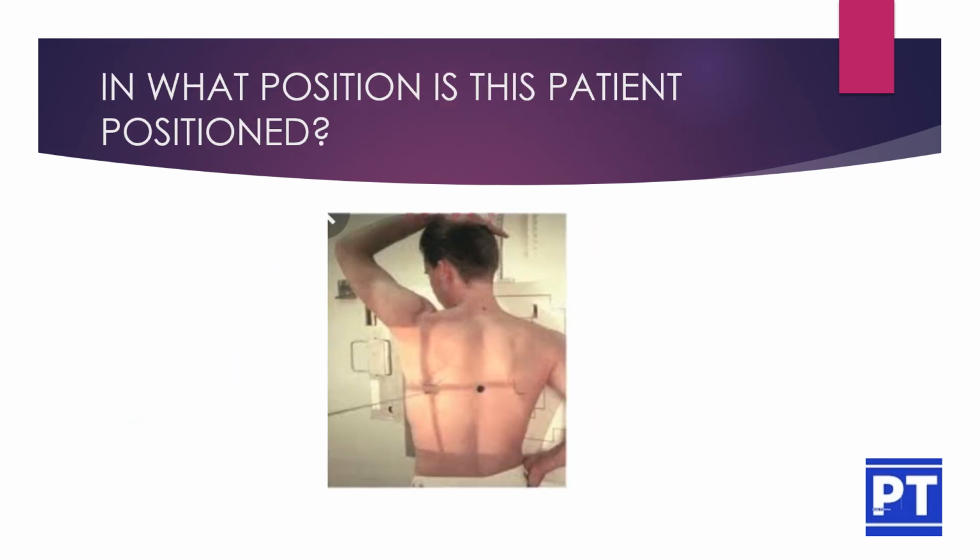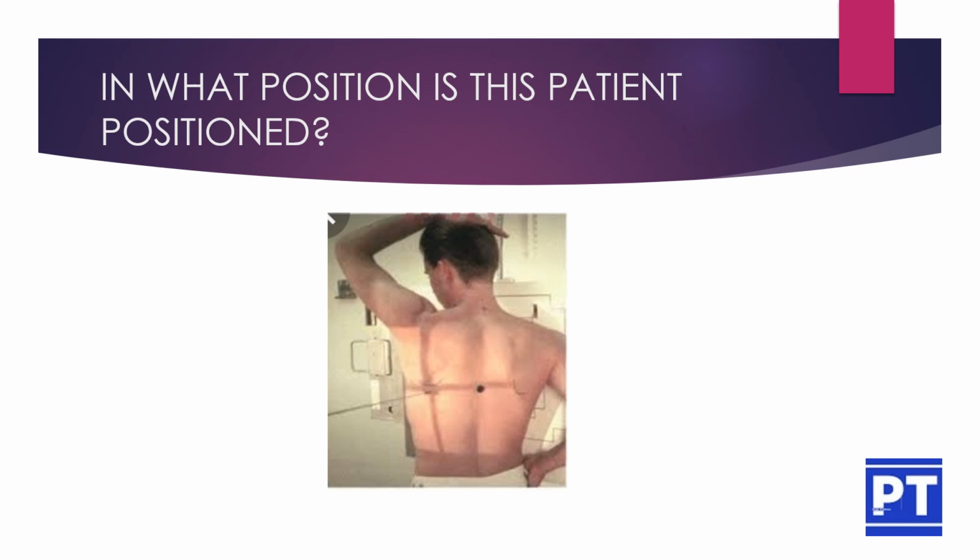So, will you please identify in which position this patient is positioned? This is the image receptor, and when we are viewing the patient from the back, it is known as the posterior aspect. So, which aspect is in contact with the image receptor?